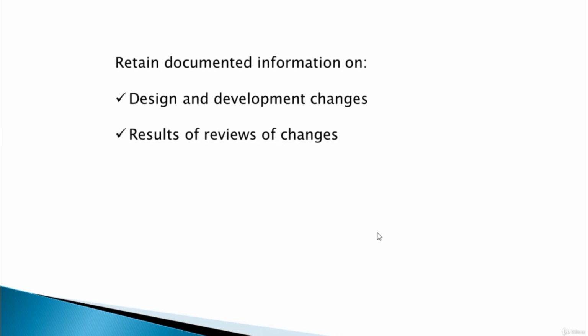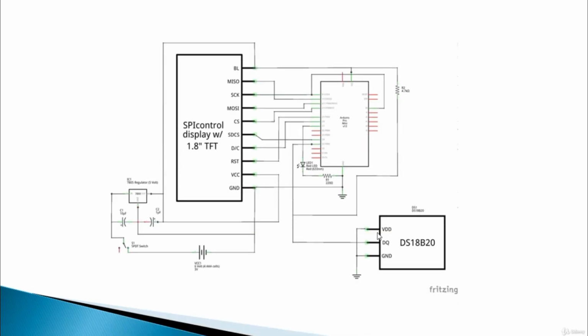So basically the organization needs to retain documented information on the design and development changes, if any changes occur during the design and development process, and also the documented information on the results of reviews of changes, meaning keeping records of changes, maybe to schematics, for example.